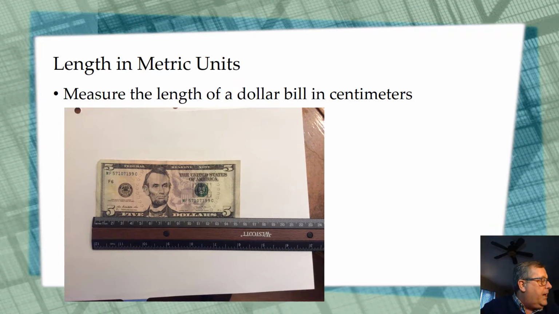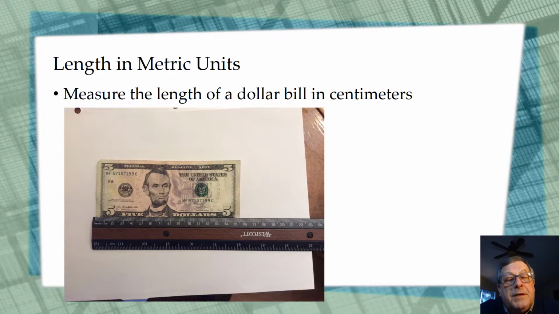And so here on page 14 in your textbook, we're asked to find the length in metric units. First we're asked to measure the length of a dollar bill in centimeters. I've got a picture here. This is a $5 bill.